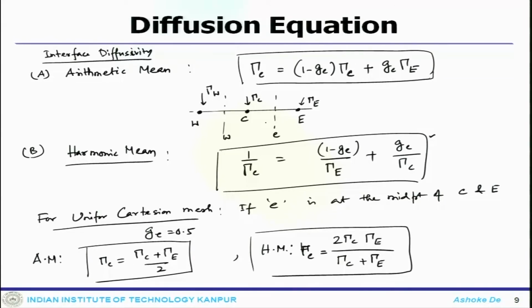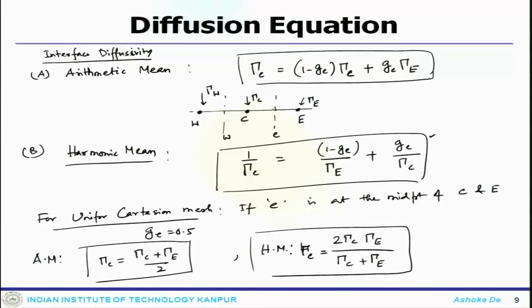If there is no non-homogeneity, if the material is homogeneous or the properties of the diffusivity across the cells are homogeneous, then there is no requirement of considering this, the straightaway linear interpolation at the surface would be handy.